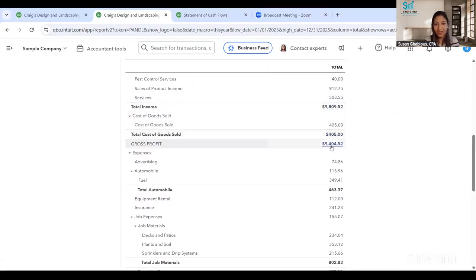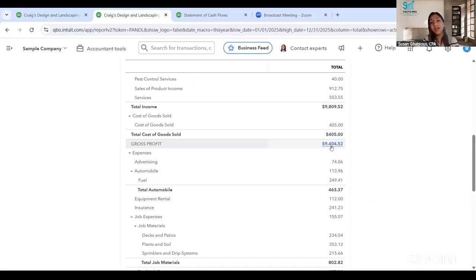So what we get is the gross profit. The gross profit is the total revenue I received minus the direct cost I had for the goods or services that I sold, and that gives me the gross profit.